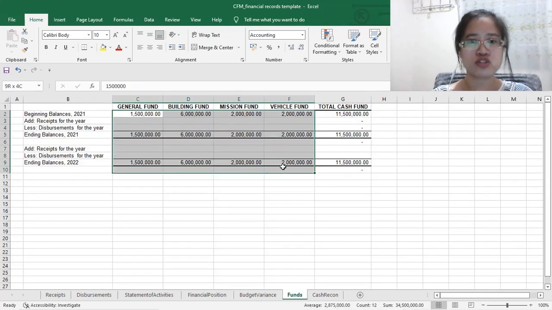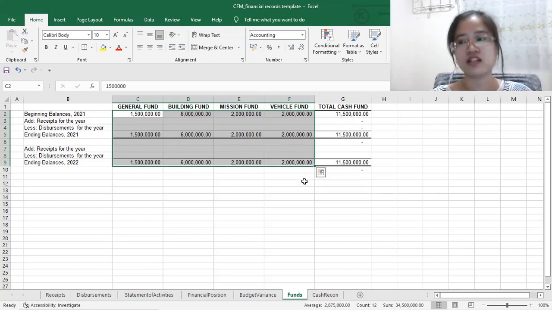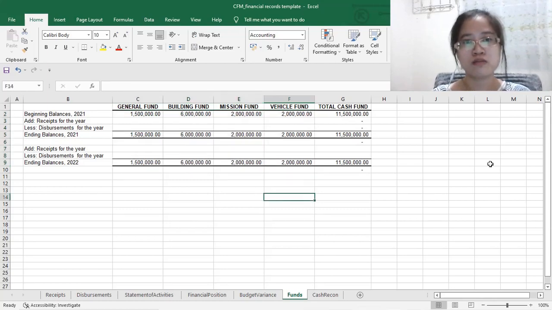And then the distribution, how much of the total cash is for the general fund, for the building, for the mission, for the vehicle. Okay, so that you don't have confusion. You don't use the building fund for the operations. Okay, that's what you're trying to avoid by monitoring the balances of the funds.